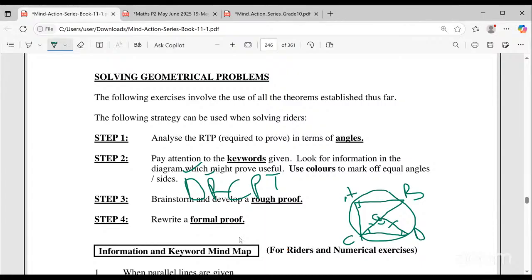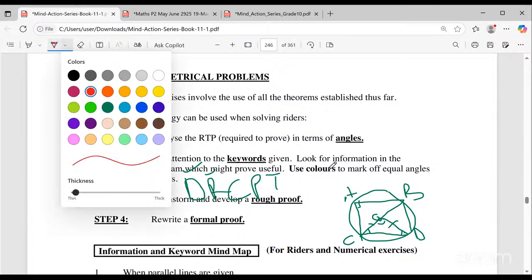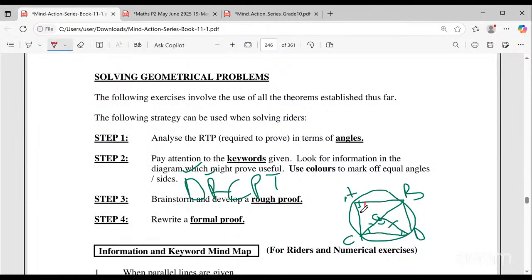Then C, a cyclic quad. If maybe we have something like this, A, B, C, D, it's a cyclic quad. You can work with the properties of a cyclic quad, whereby you know that opposite angles of a cyclic quad are supplementary. What do we mean by supplementary? When you take that angle and add it to this angle, you get 180 degrees.